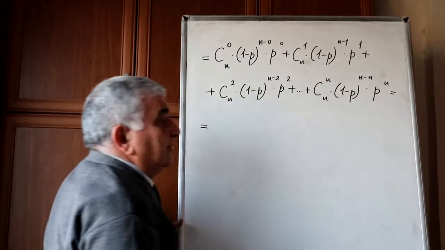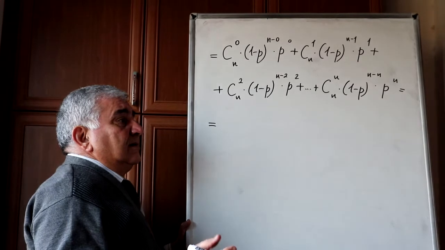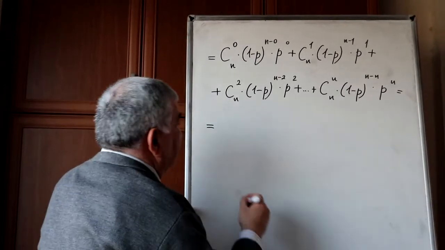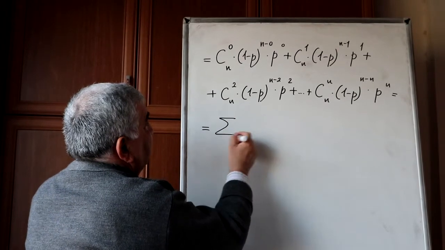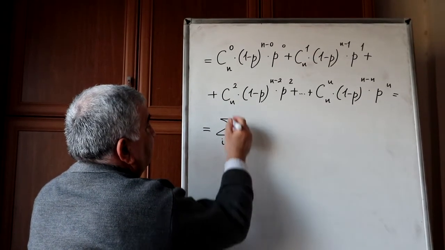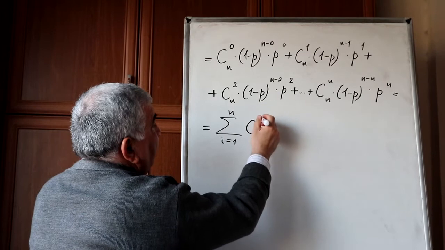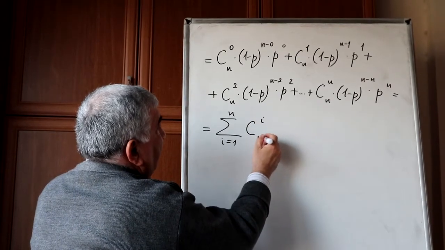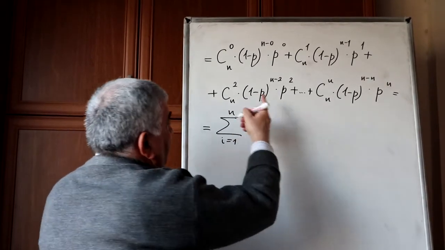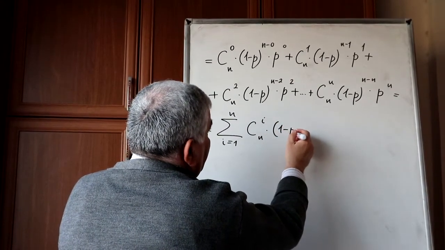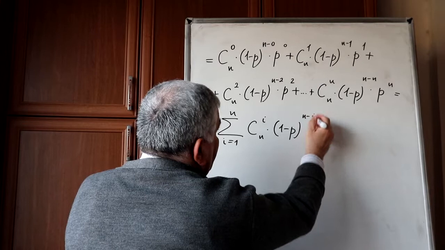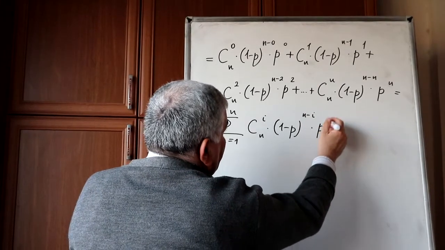Then use the sum symbol, summation symbol, addition symbol, sigma for i from 1 to n, C of i out of n multiplied by 1 minus p to n minus i multiplied by p to i.